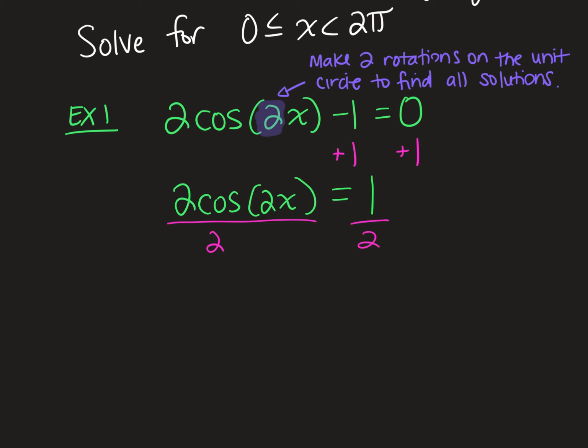But this is when I see the most mistakes being made. This 2 in front of the x, this 2x, it's trapped inside of cosine. So when I divide by 2, the only 2 things that are going to be able to create a giant 1 are these 2 right here. So what I'm left with is cosine of 2x equals a half.